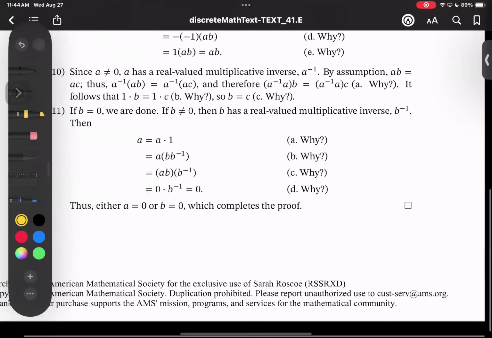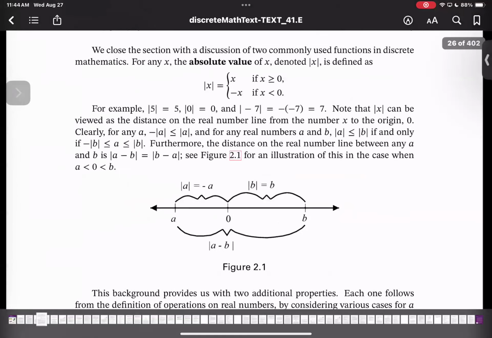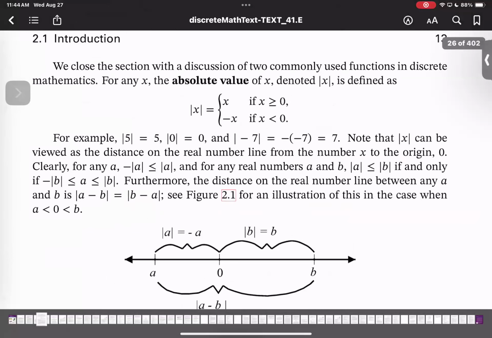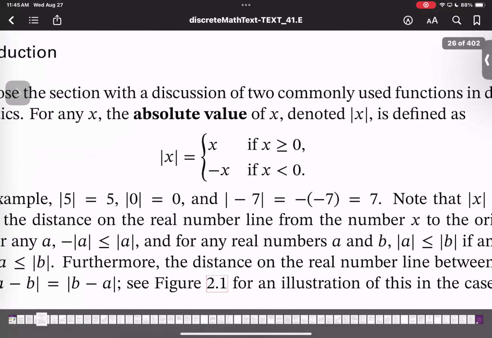I just briefly want to talk about absolute value. So you probably know the absolute value of something, like the absolute value of -2 is 2. We're defining that explicitly, where we say the absolute value of x is x if it's greater than or equal to 0, or -x if x is less than 0.